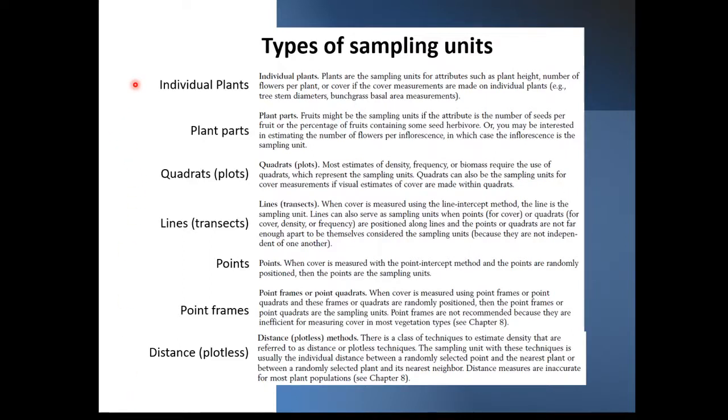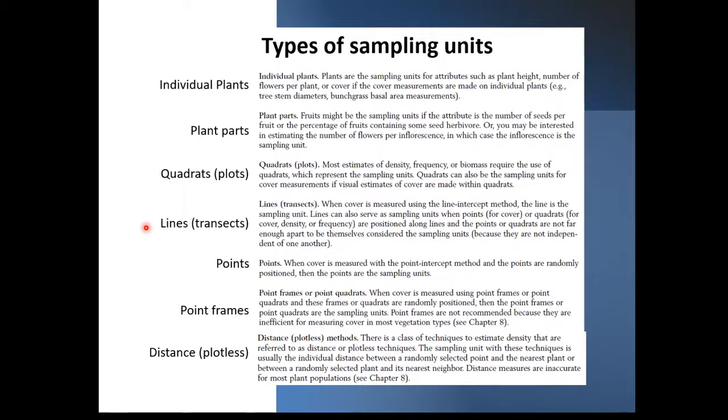You can look at individual plants, where you look one by one at the specific individual of each plant. You can also look at plant parts, such as fruits or flowers or even specific leaves that you want to use as a sampling unit. The most popular ones are quadrats and lines, which means using plots and transects.